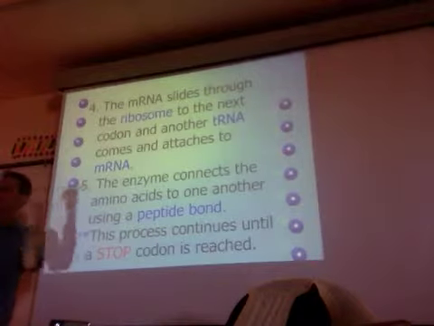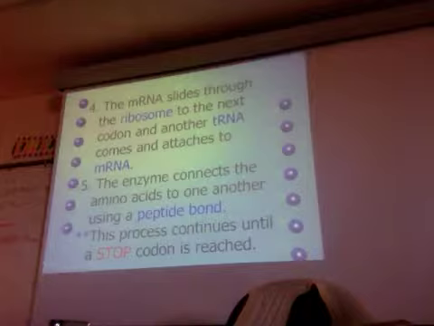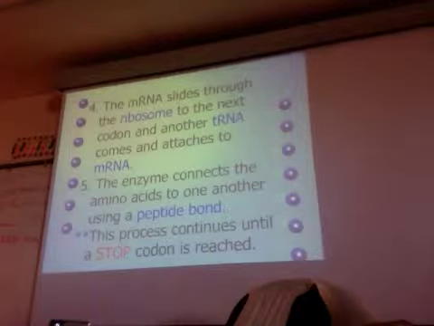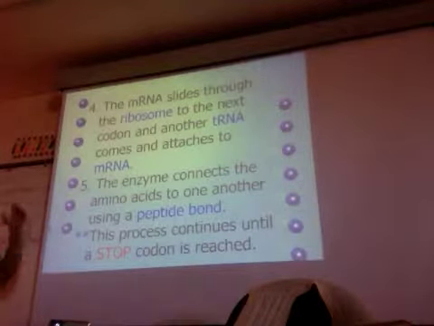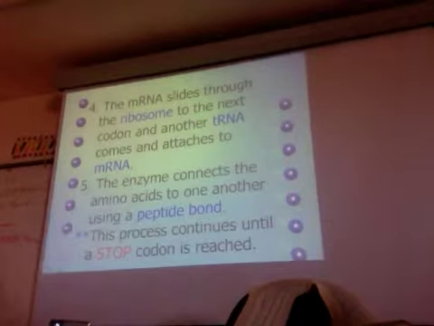You have a big long strand of amino acids, a polypeptide, that goes wherever. It may go to the Golgi for further processing, to be pieced together and formed into a package to be exported. It may go somewhere to help part of cellular respiration. Who knows? All right, so that's the big picture.